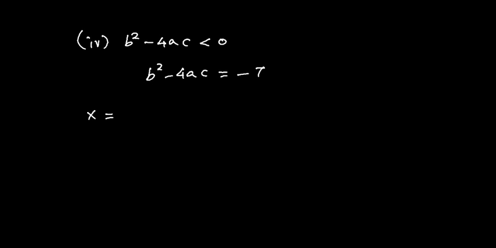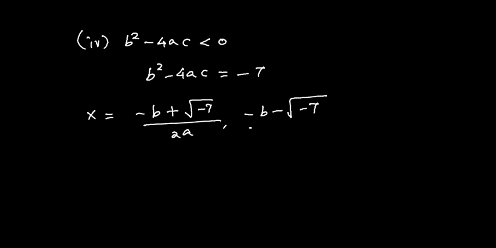Now let us take the two roots of a quadratic equation, that is negative b positive square root of negative 7 over 2a, negative b negative square root of negative 7 over 2a. So clearly in both the roots we have a negative sign inside the square root. So a single result can be given for this one, and also one more important thing, the roots are unequal and imaginary.